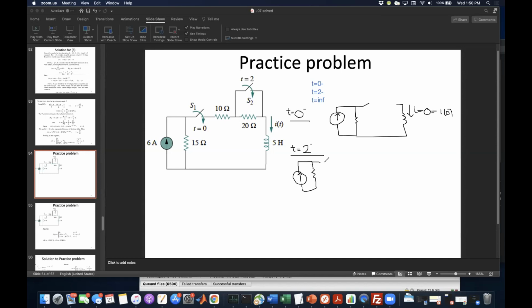Now this switch is closed, and we have the 10 ohm resistor and the 20 ohm resistor. We're going to assume that 2 seconds is long enough for that first transient to die off, such that the inductor has basically converged to a short circuit.